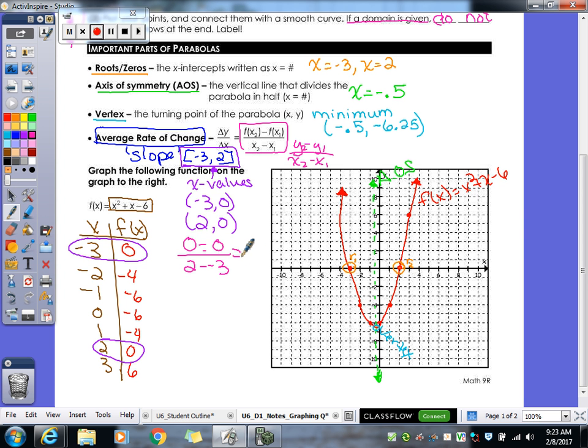So 0 minus 0 gives us 0. 2 minus a negative 3 means we're actually adding, so we're doing minus a negative. So it would be a 5, but 0 over 5 is just what? 0. So that one is just a 0 for our average rate of change. So all you got to do is find the 2 points and do your slope formula. That's all average rate of change is.